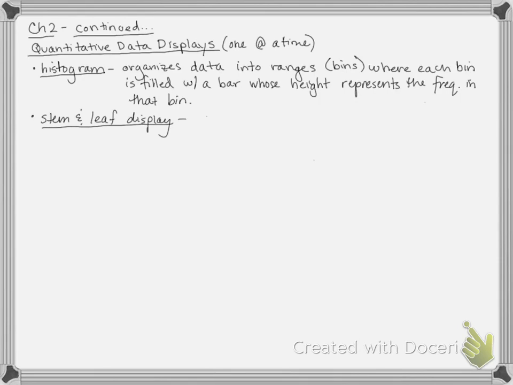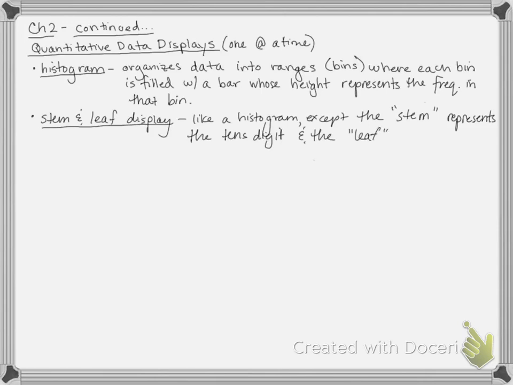So this is like a histogram, except the stem, I should spell the word, the stem represents, let's say, the tens digit, and the leaf represents the singles digit of a number.